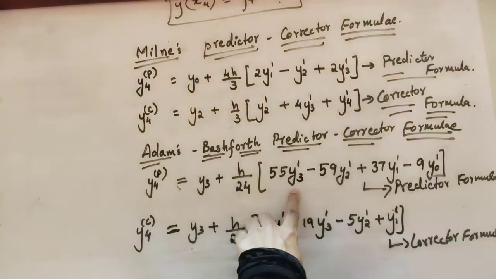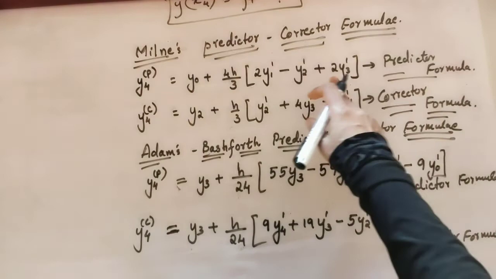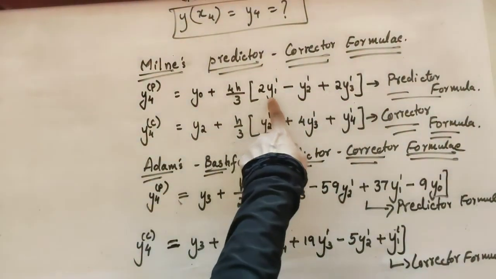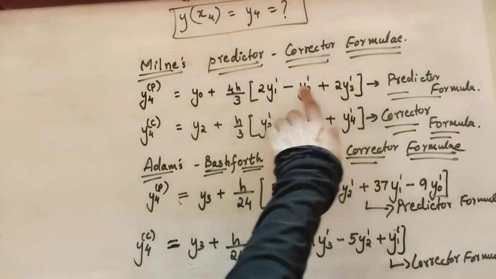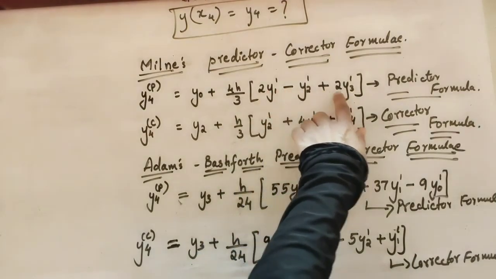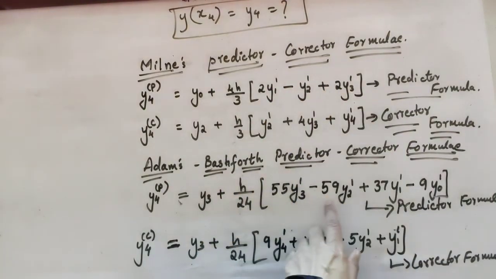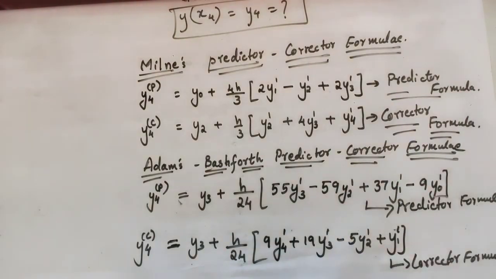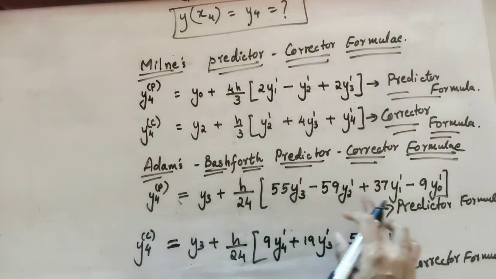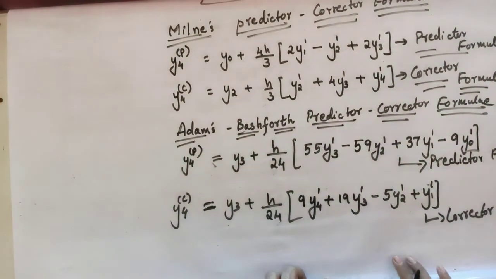But in Milne's it is increasing: Y1 dash, Y2 dash, Y3 dash, with coefficients 2, minus 1, 2. These coefficients are kind of different, weird kind.